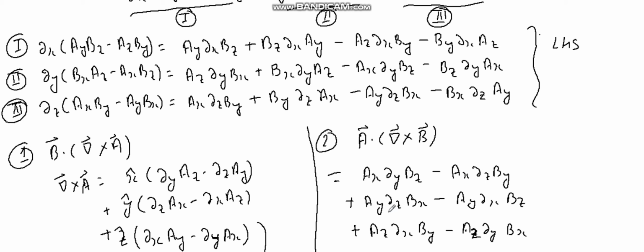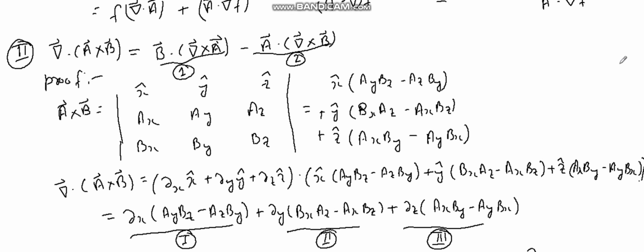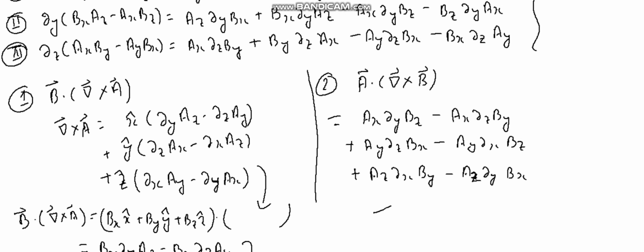Okay, so ay del x bz. Okay, one thing that I forgot over here is that we have a minus sign over here, right? So we have to introduce the minus sign. So all the minus will convert into plus, and plus will be converted into minus, right?